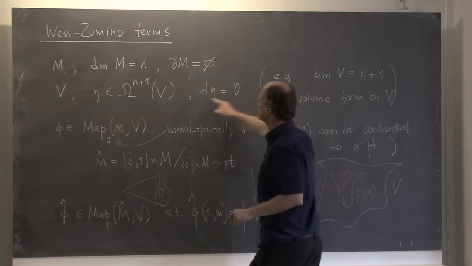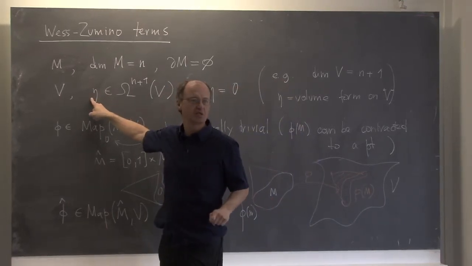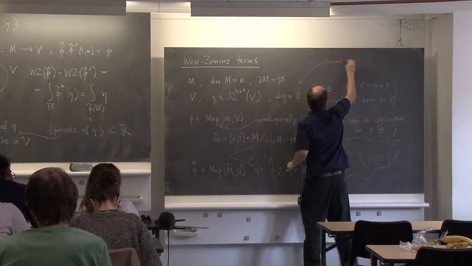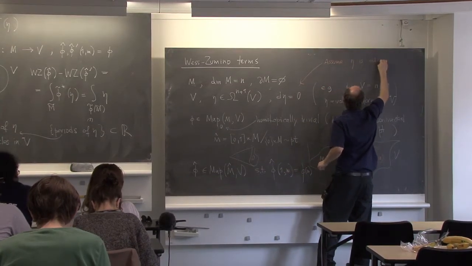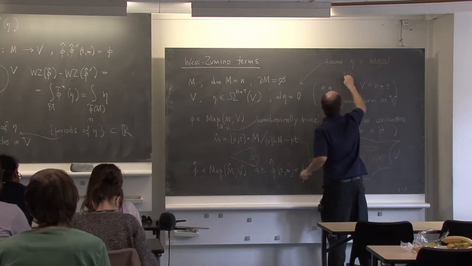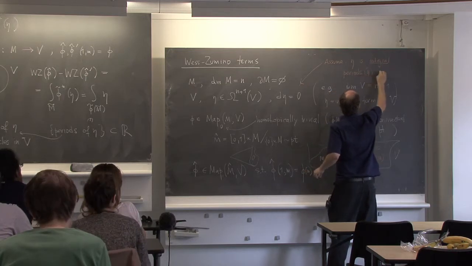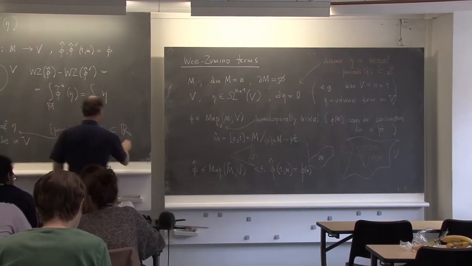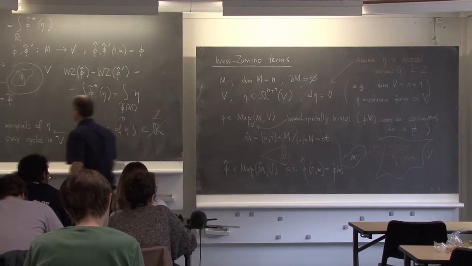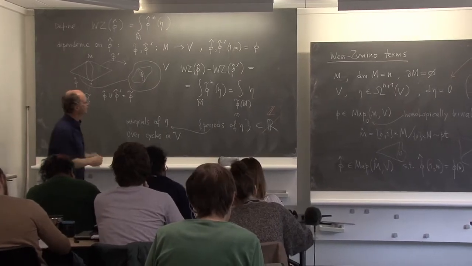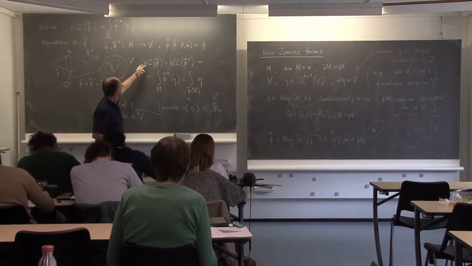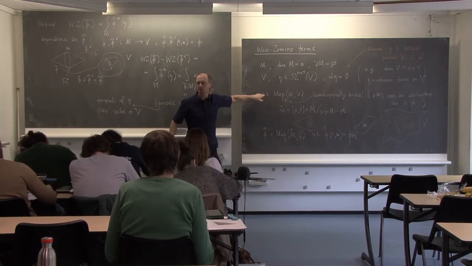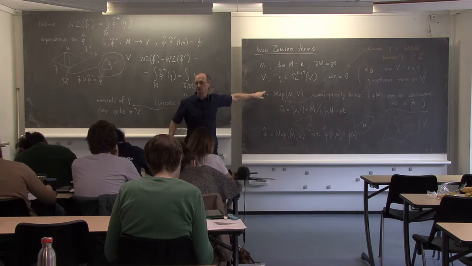So let's assume that I chose eta in such a way that the periods are contained in Z. So assume eta is integral, that is, periods of eta is contained in Z. We see that WZ of phi hat still does not quite descend to the boundary maps phi, to the maps from which we started.